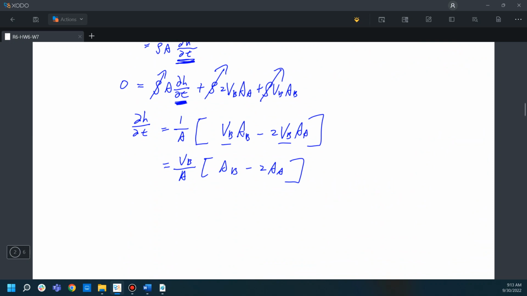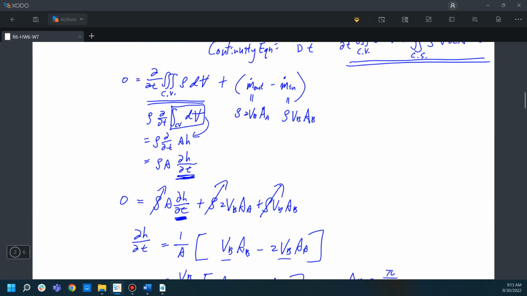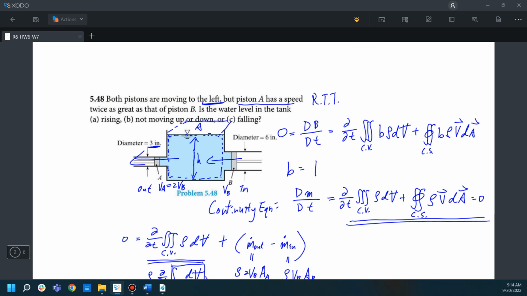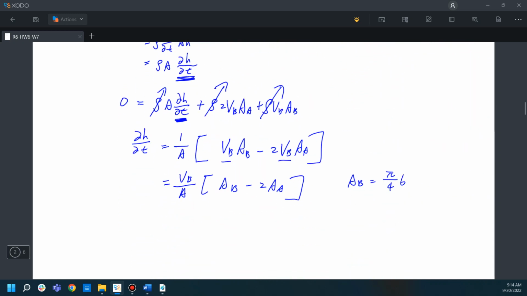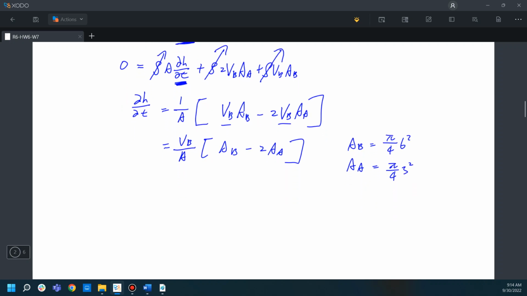So the area for the piston B is equal to 4 pi times 6 squared, and A is equal to 4 pi times 3 squared.